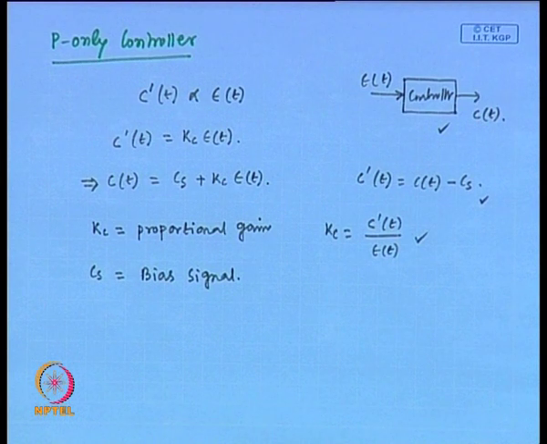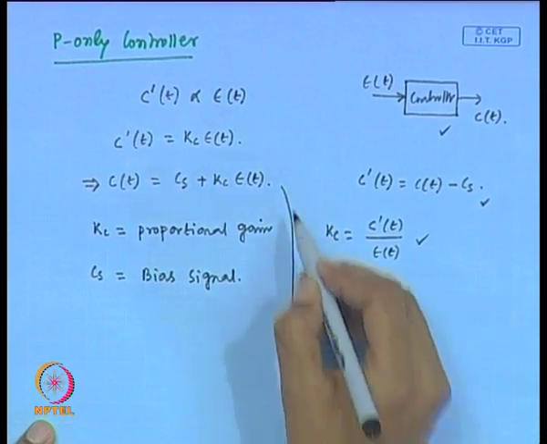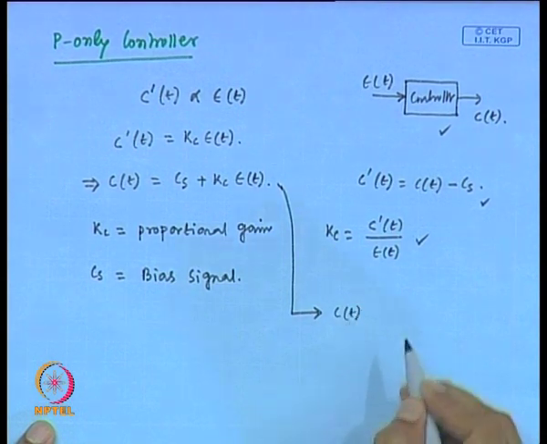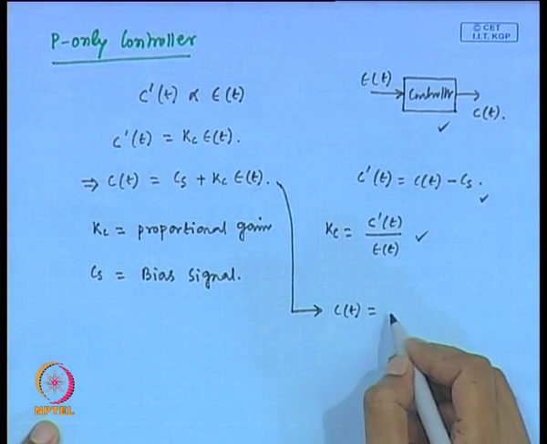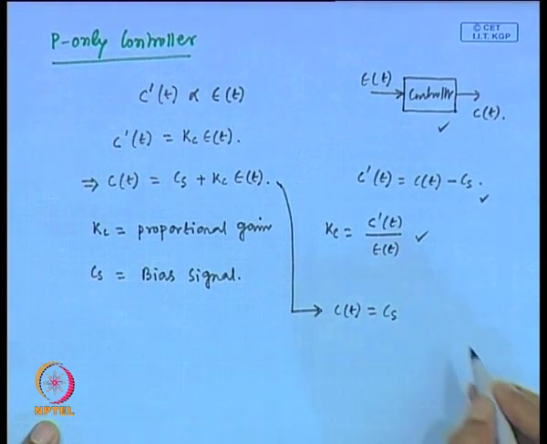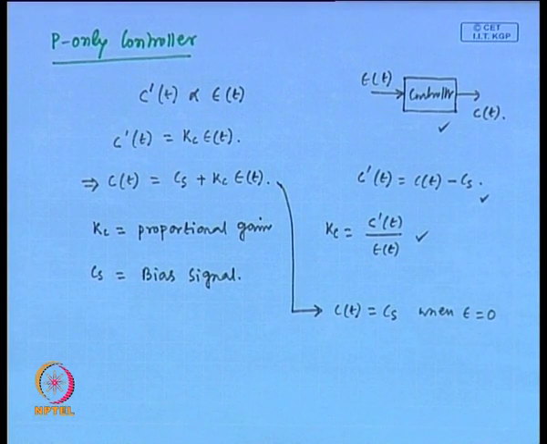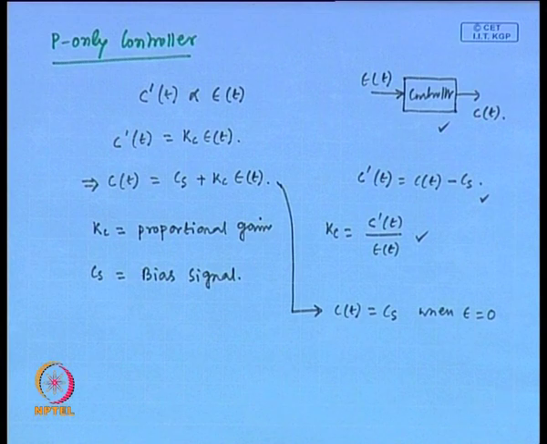We can define it as the controller output when there is no error. If you see this equation, we can write that C t is equal to C s when the error is 0. So, bias signal is the controller output when error equals 0.